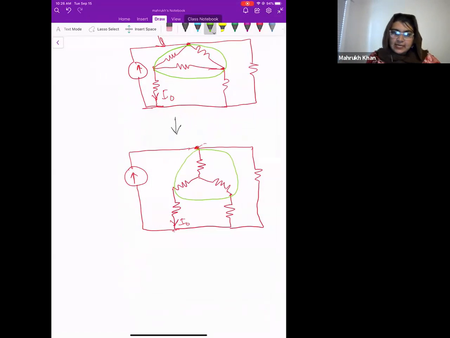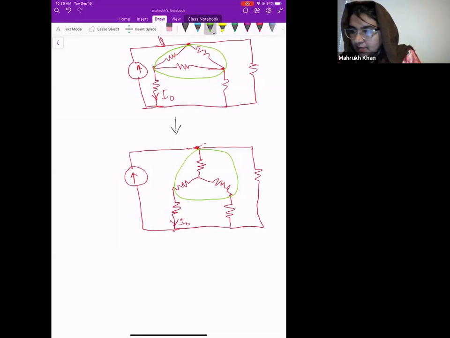Now you can see that 2 resistors are in series and they are in parallel to the others. All of the delta resistors are 6 ohms, but the Y resistors are not 6 ohms, right? So we need to find what our Y resistors will be.